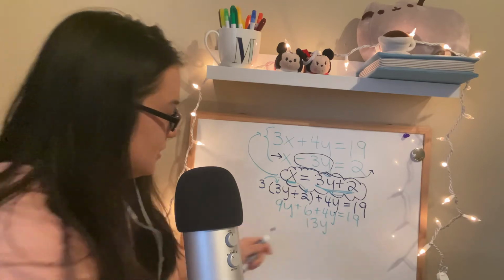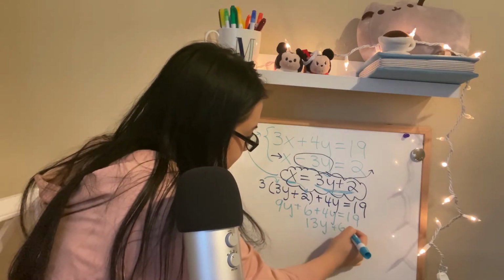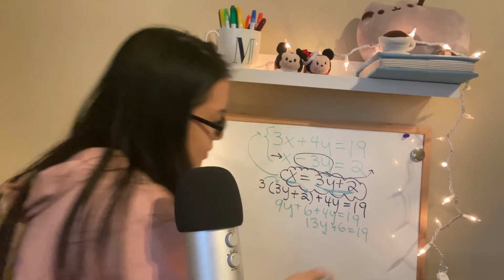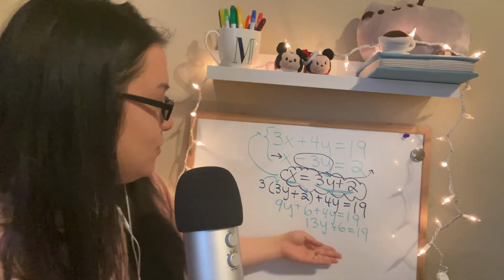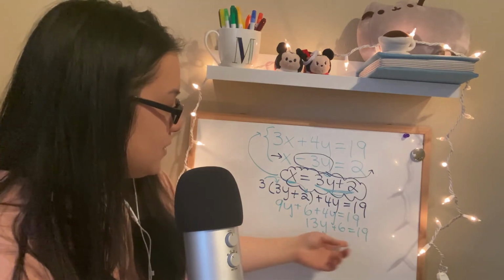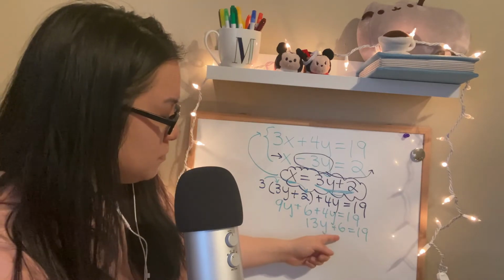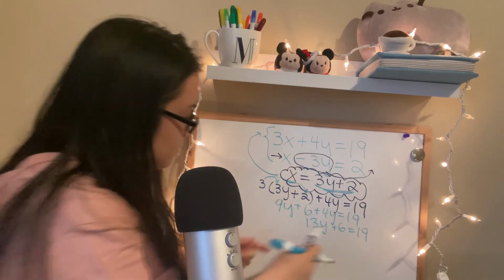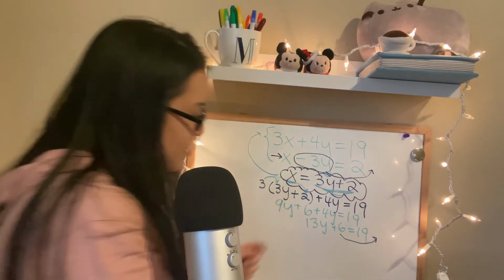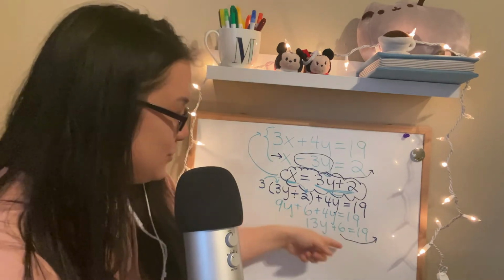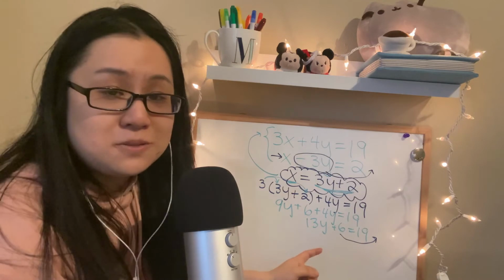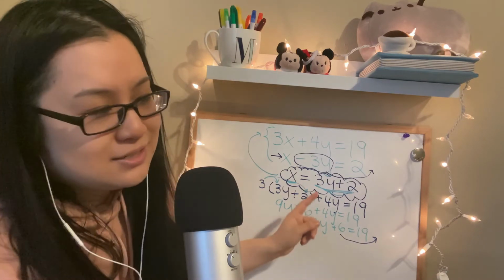13y plus 6 equals 19. So now do 2 steps to solve for y. We move the plus 6 over to the other side of the equal sign by subtracting 6.